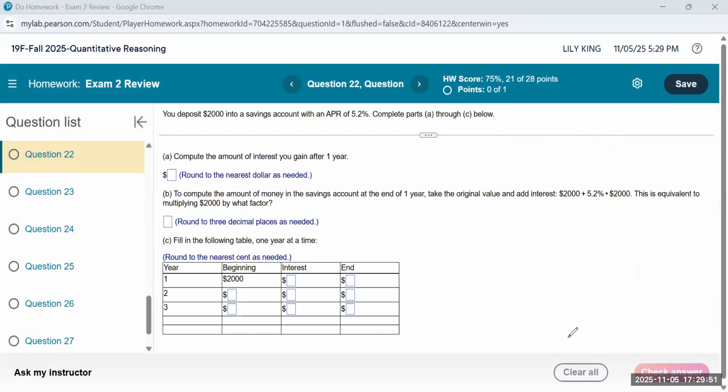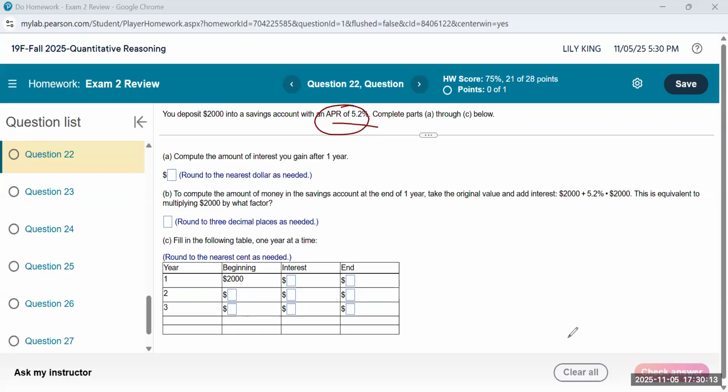All right, question 22, 22A. You want to compute the amount of interest you gain after 1 year. So to do that, we have to multiply the $2,000 by the 0.052.